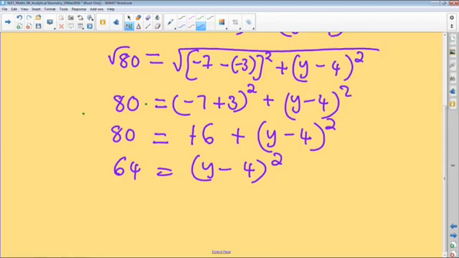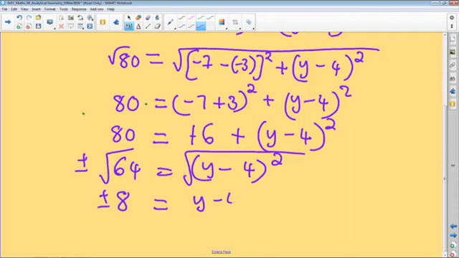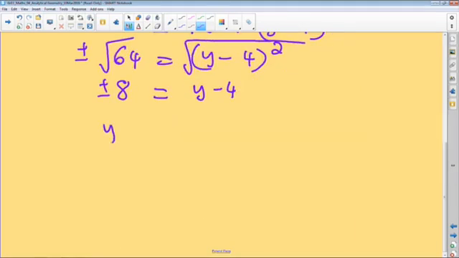So this will be your square root, so that's plus or minus. And some of you will just take it and use the difference of two squares. So the plus or minus root 64 is plus or minus 8 equals y minus 4. So it means that our y is 4 plus 8 or 4 minus 8.